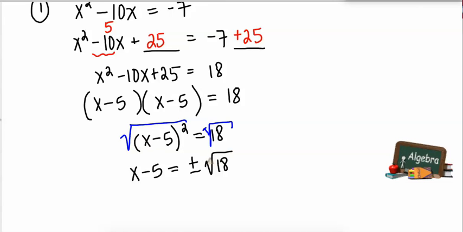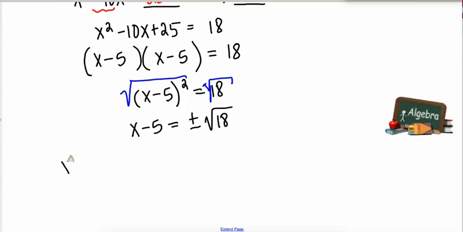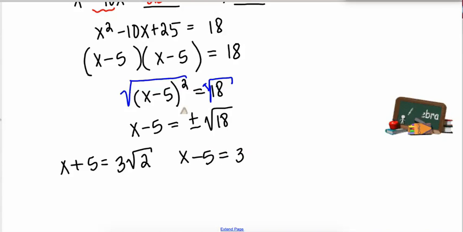Now the square root of 18 is 3 times the square root of 2. So we have x minus 5 equals positive 3 times the square root of 2. I should have done x plus 5 and then x minus 5. It doesn't really matter, but I like to go with the positive first since it's on top of the negative.